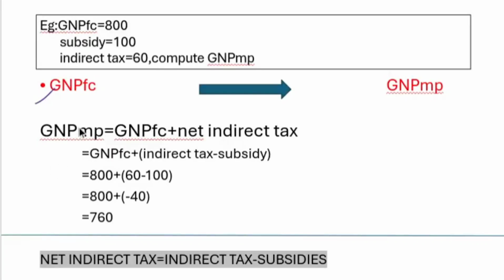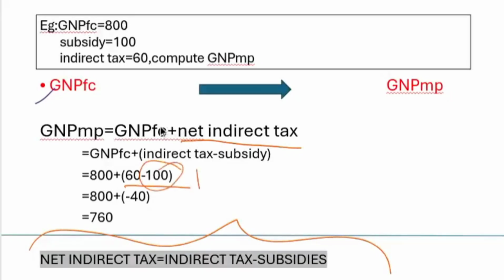So of course, net indirect tax is not directly given in the question. So indirect taxes minus subsidy will give you net indirect tax, which is 60 minus 100. Since 100 is the bigger term, you'll arrive at an answer which is negative, that is minus 40, and 800 plus of minus 40, that is minus, will give you 760, which is basically your GNPMP.